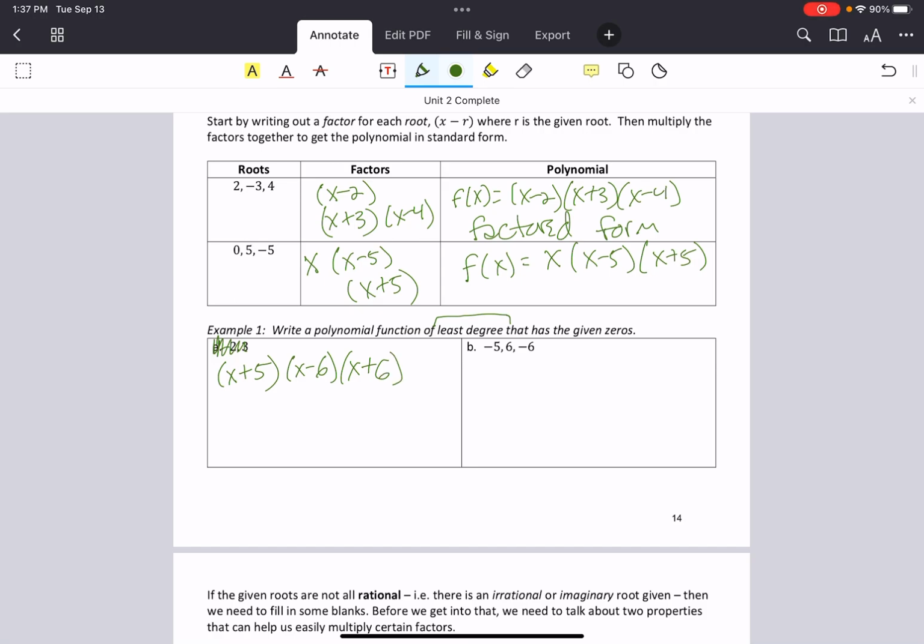Now that's the factored form, right? It has all my parentheses. I can see all my roots individually. That's the factored form. However, what I want to review to help prep us for next time is how to make that factored form turn into standard form. Now, whether you do a box or the claw or the arrows or however you FOIL, you can only ever do 2 parentheses at a time.